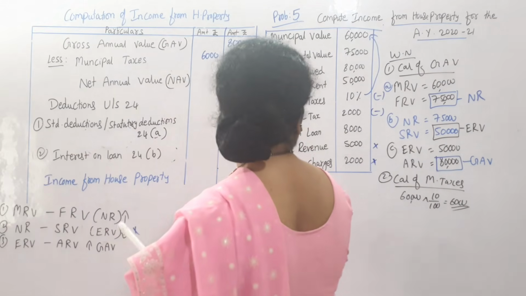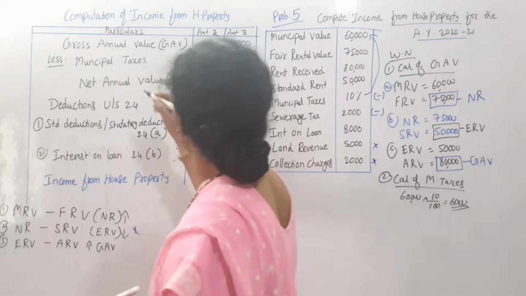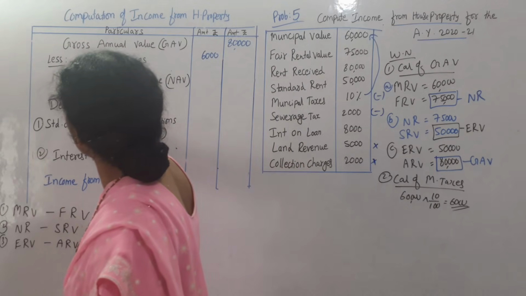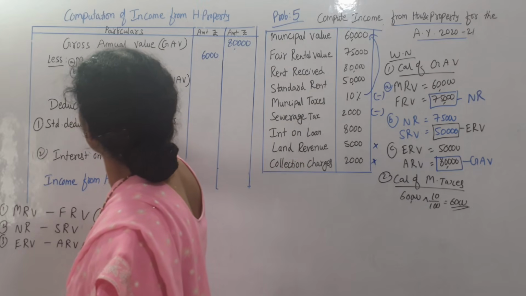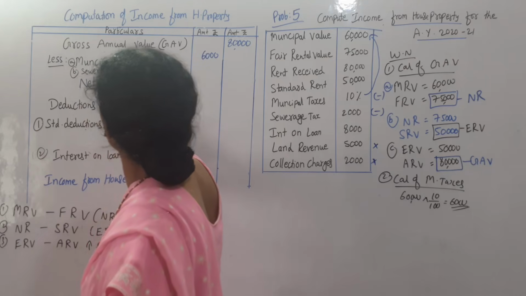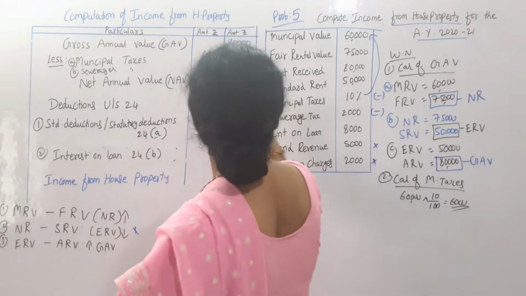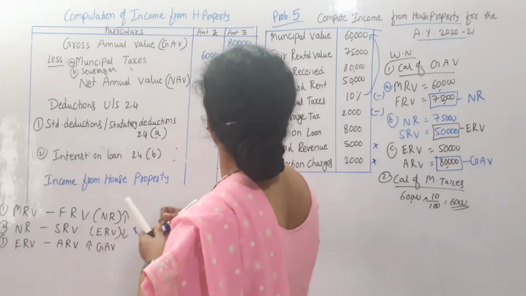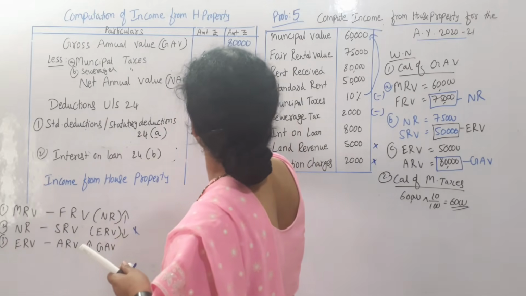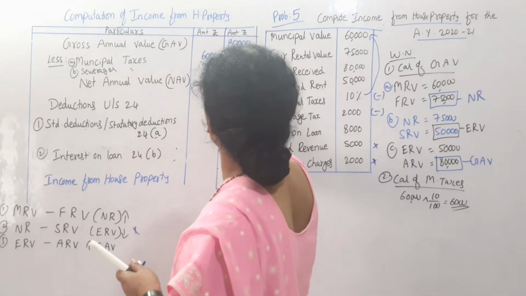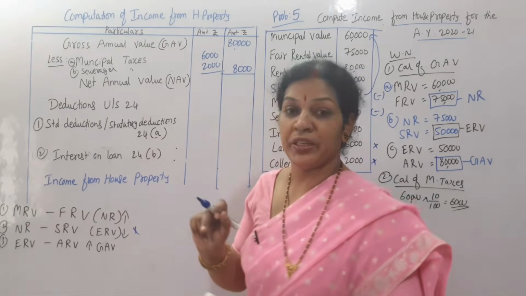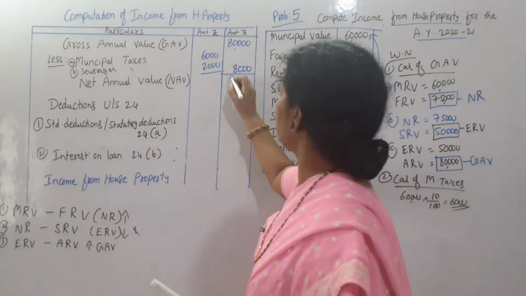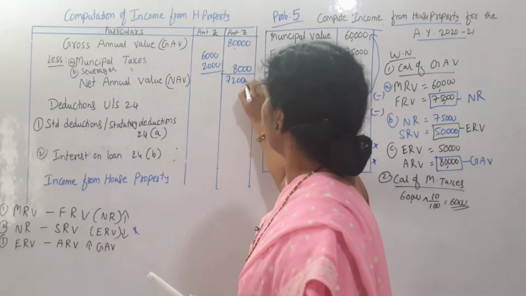Less: A, municipal taxes, 6,000; B, sewerage tax, 2,000. Together it is 8,000. When we deduct 8,000 from 80,000, you will get the net annual value, that is 72,000.